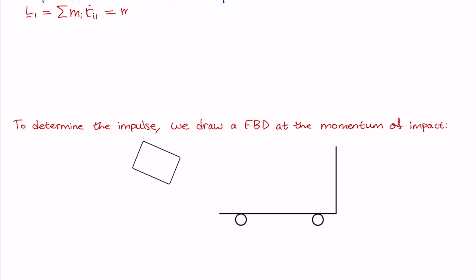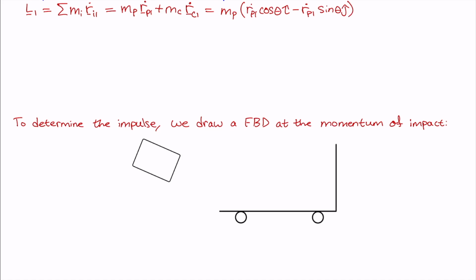This is going to be equal to mp rp1 dot plus mc rc1 dot, which we can write then as mp times, that's not a vector anymore, rp1 dot cosine theta I minus rp1 dot sine theta j, plus mc times 0. So that's just going to go to 0.